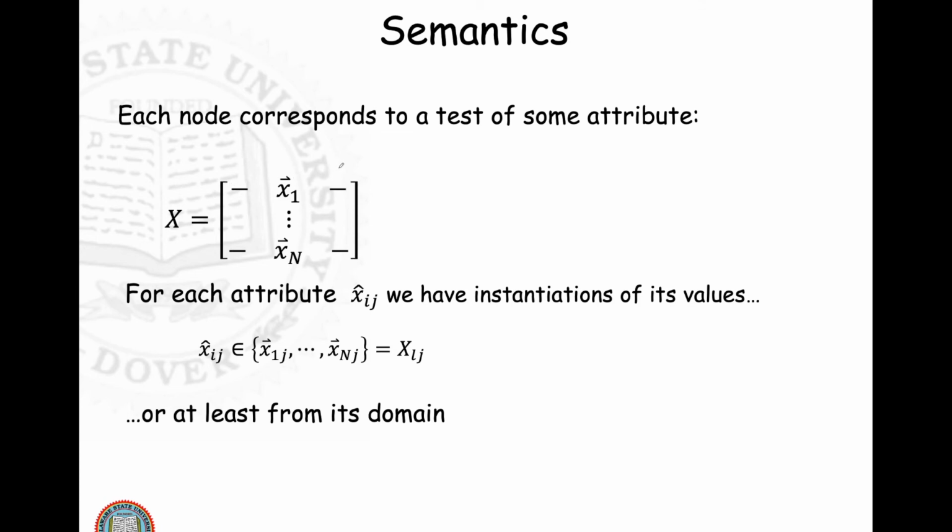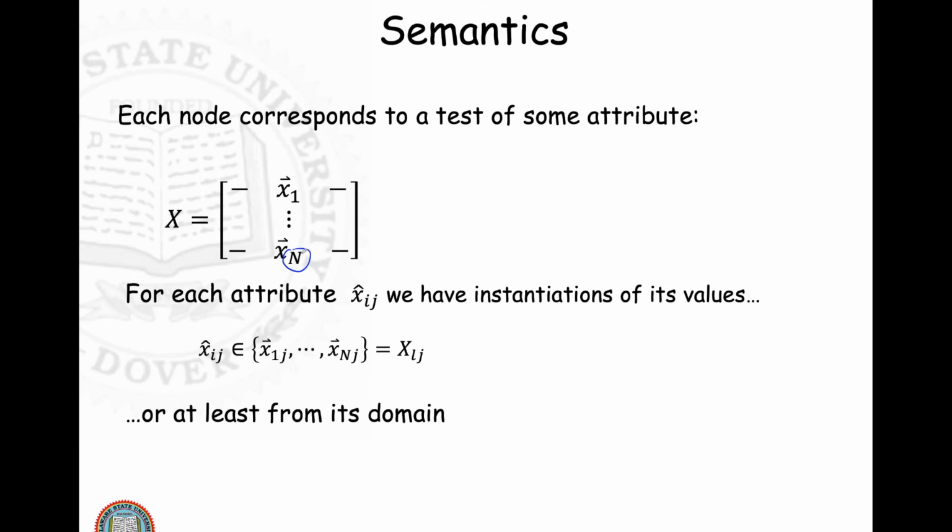So each row in our design matrix is going to be one of the feature vectors for each data point. And so here we have x1 in d dimensions, x2 in d dimensions, up to and including xn in d dimensions. And so each one of these vectors has the same dimensionality, so d many features.